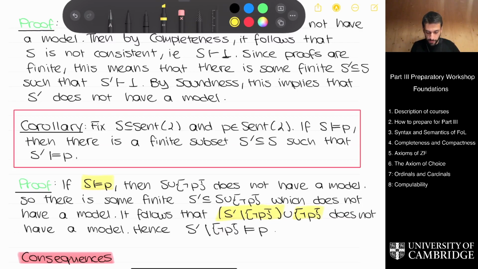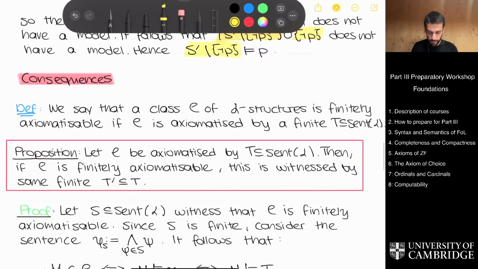Because all models of S prime take away the negation of P also satisfy P, because the above, S prime take away the negation of P union negation of P does not have a model. Okay, and this now is a subset of S, right? So S prime take away the negation of P is a subset of S, and this models P as required.